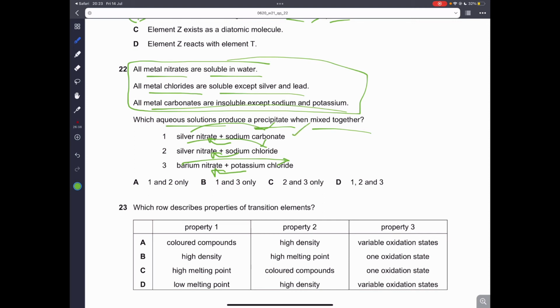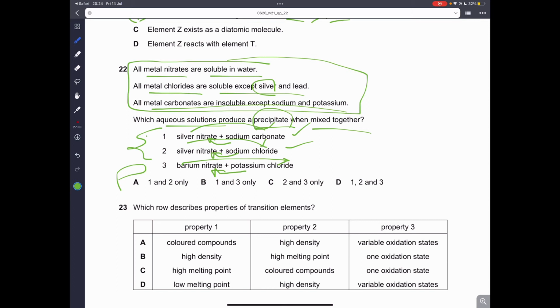Then let's look at the second equation. The silver nitrate and sodium chloride are going to form silver chloride. Remember, all chlorides are soluble except silver, which means silver chloride is not a soluble compound, so it produces a precipitate. So 1 and 2 are correct. So the answer is A.